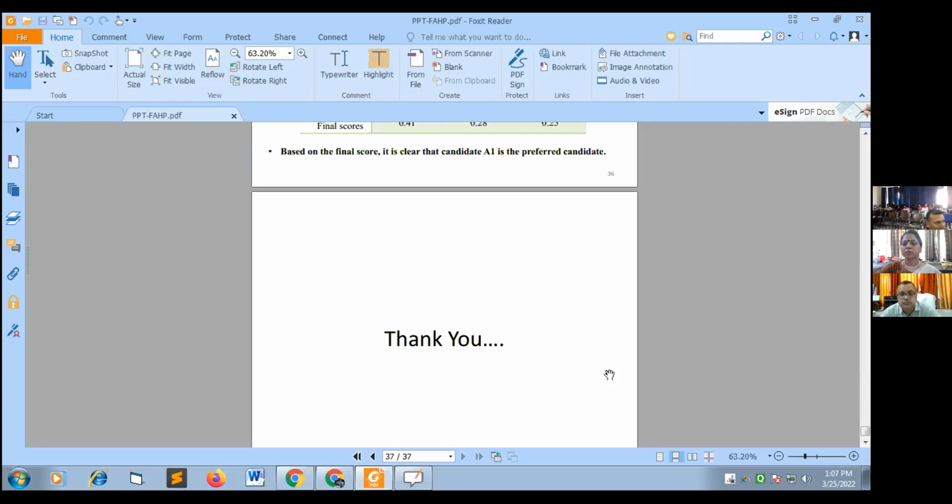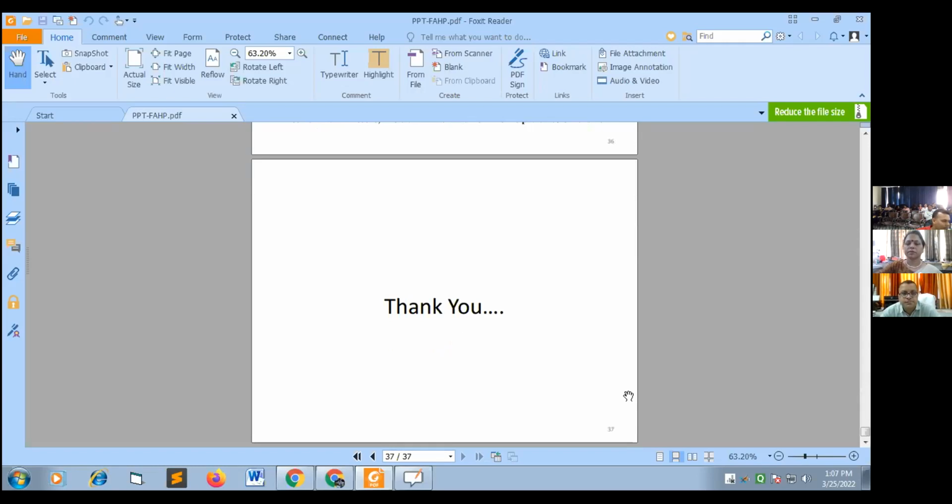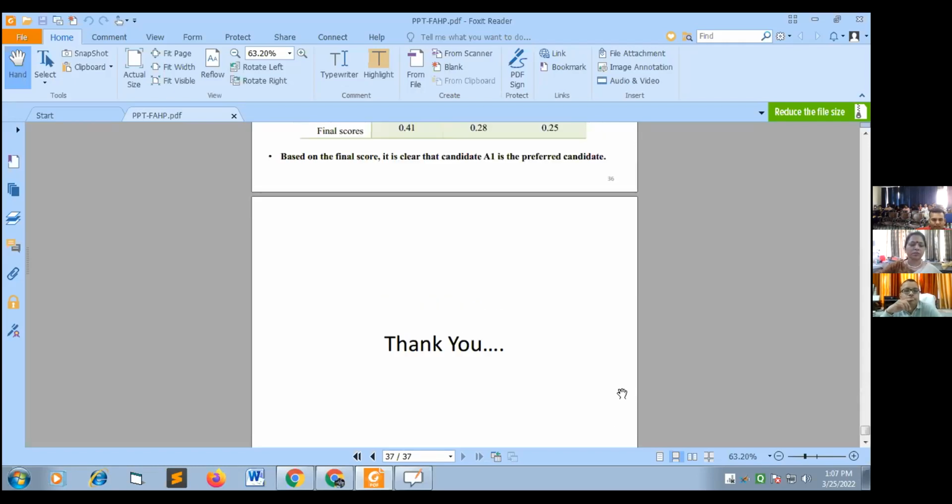Me and my student did some work in this field to apply this: how to calculate the weight of the criteria, and how to select the best alternatives.